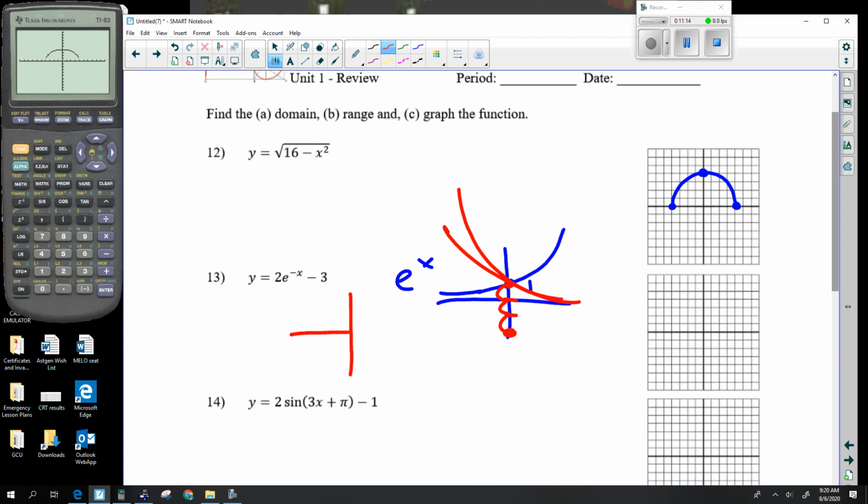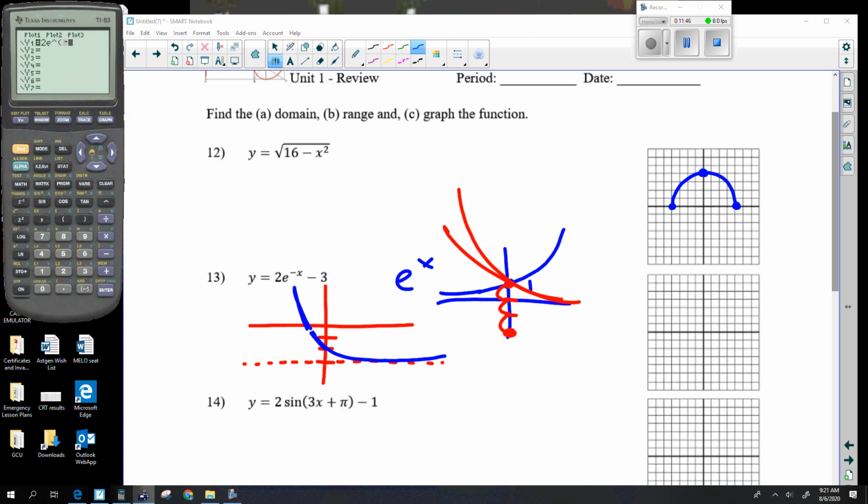So my hypothesis, we'll see if we're correct here, is it'll go through negative 2 and it'll have an asymptote down at negative 3, and it's going to be pretty steep. Something like that. Let's just take a look.